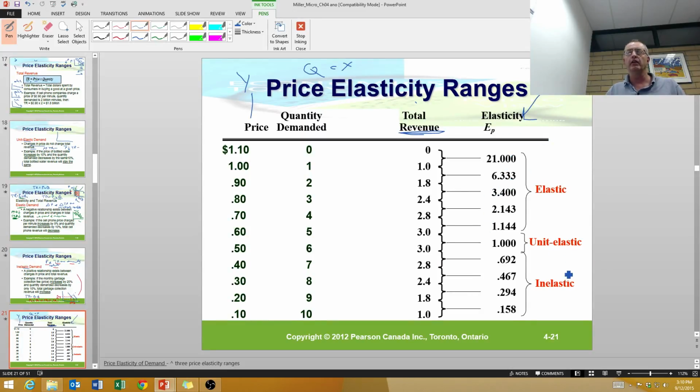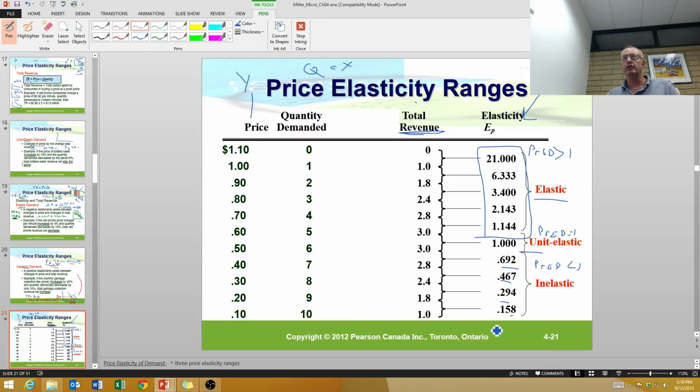So we know that when price elasticity of demand is greater than 1, that's the elastic section. So all these elasticity calculations are greater than 1. At the point of unitary elasticity, price elasticity of demand equals 1, and in the inelastic section of the curve, the price elasticity of demand is less than 1, and of course these are all less than 1.